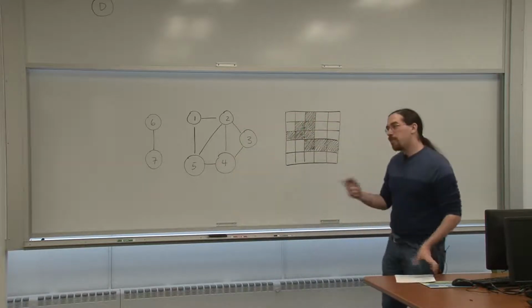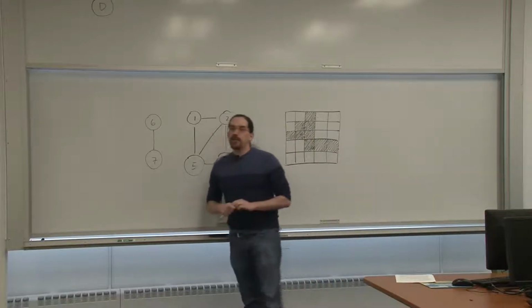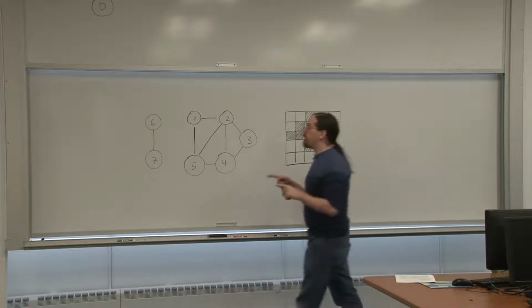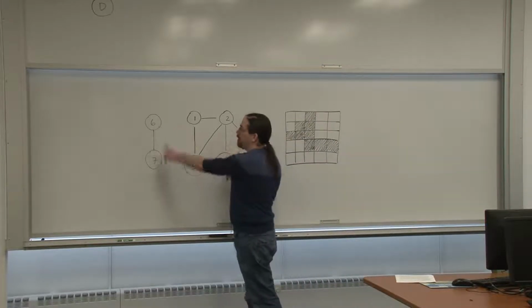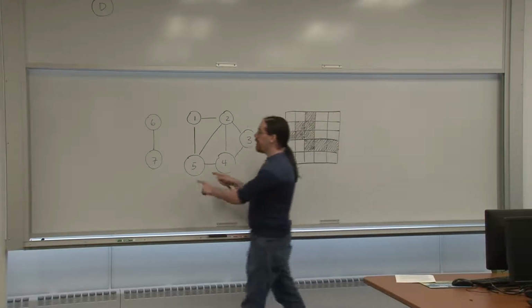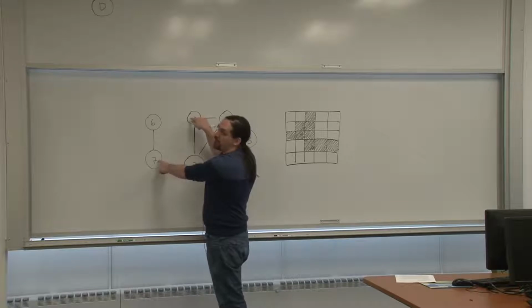So one problem that you'll see a lot is if you want to know if a graph is connected or not. So connected means that there's a path between different components. So if a graph is disconnected, you can pick two vertices in the graph, and there's no path between those vertices.